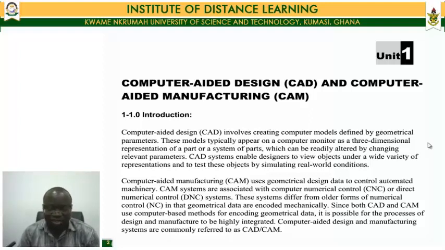Now, computer-aided design involves creating computer models defined by geometric parameters. So basically, when you use a software which can help you to create models of design which are defined by the parameters in terms of the length, the coordinate dimensions, and the coordinate points, then with the help of the computer, you are actually involved in designing with the aid of the computer, which is called computer-aided design.